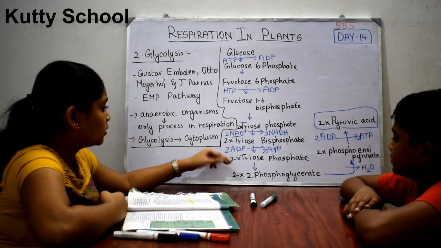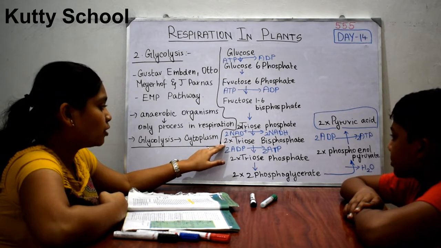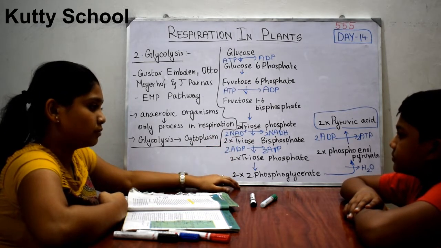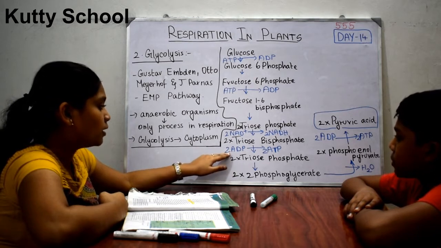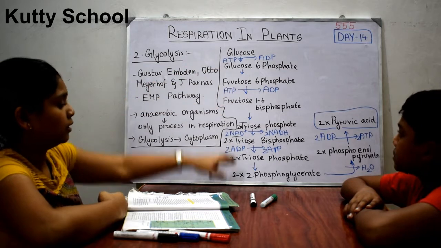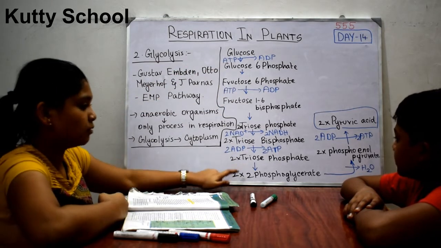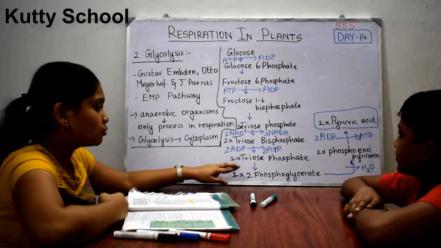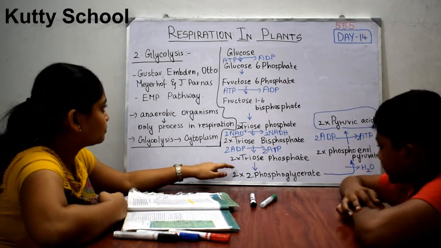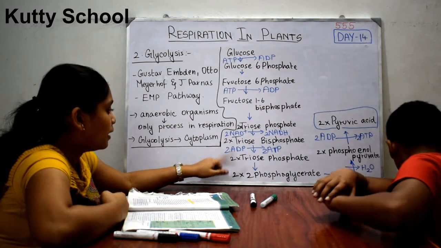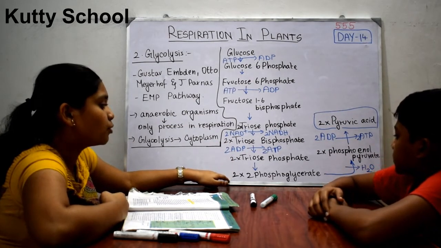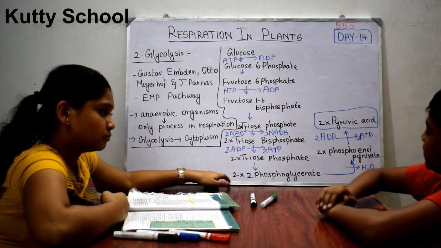After becoming 2 into triose bisphosphate, it becomes 2 into triose phosphate, with 2 ADP transformed to 2 ATP. Here ATP to ADP, here ADP to ATP. Now this 2 into triose phosphate forms 2 into 2-phosphoglycerate.